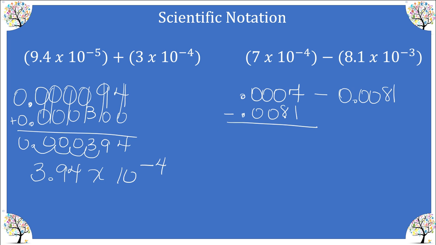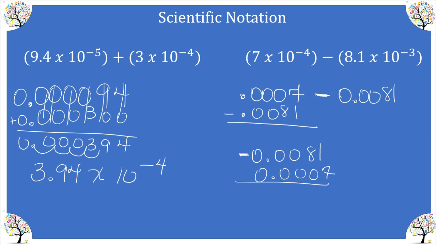And I can see that I can't take 8 from the 0. So I'm going to flip this around. And I'm going to have 0, 0, 8, 1. And we're going to subtract 0, 0, 0, 7. Okay, now we're subtracting in this order, so our answers end up going to be negative.